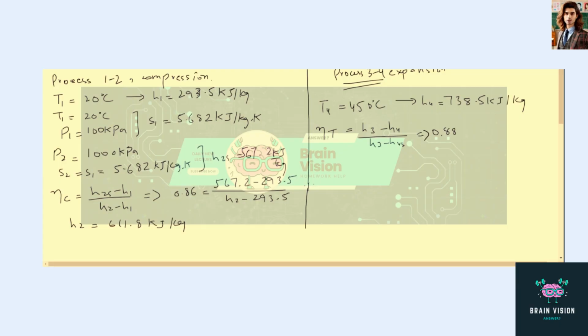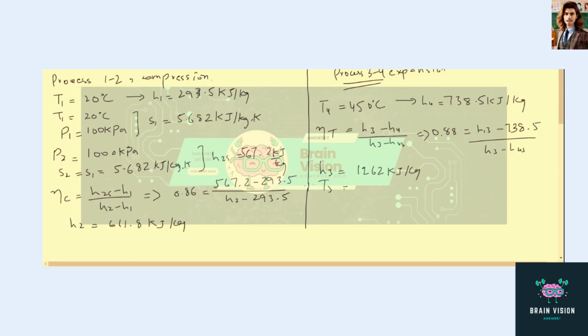That is 0.88 equals (H3 minus 738.5) divided by (H3 minus H4s). So H3 is equal to 1262 kilojoule per kg.